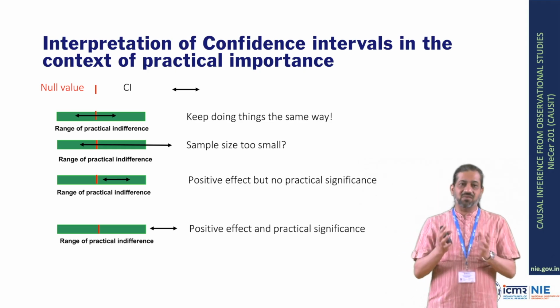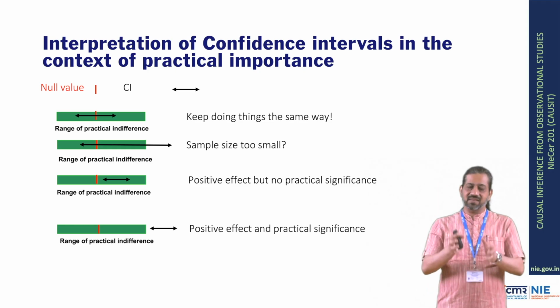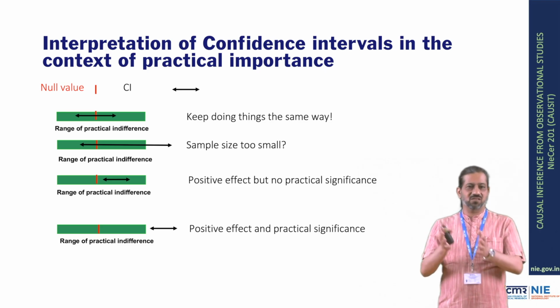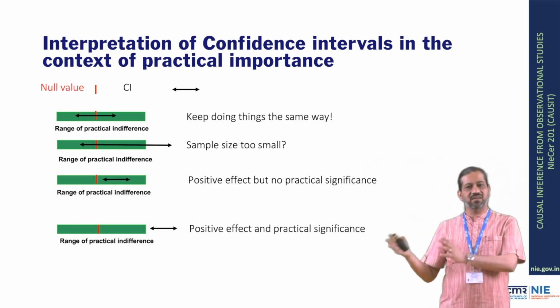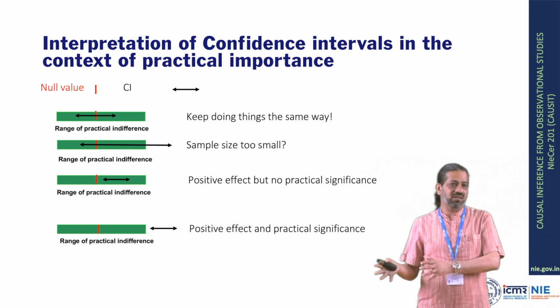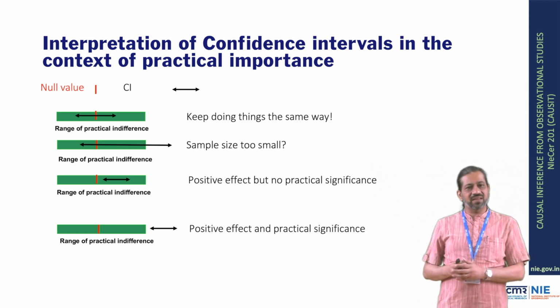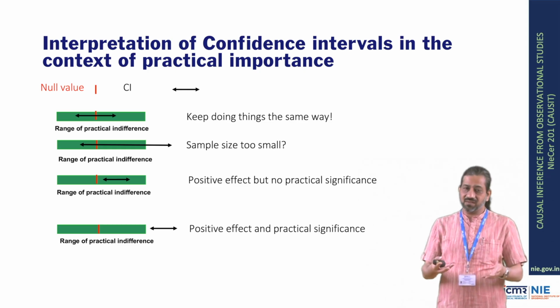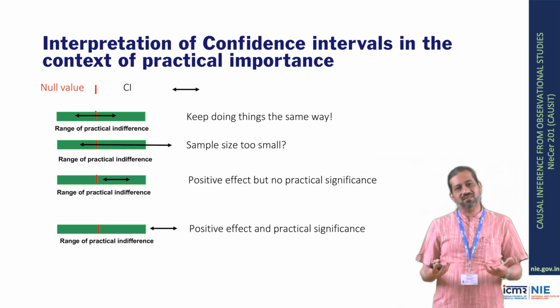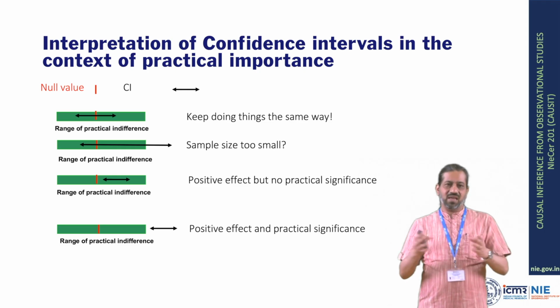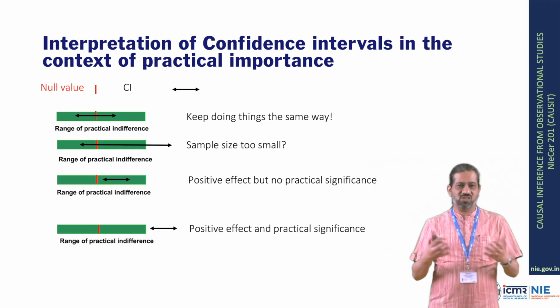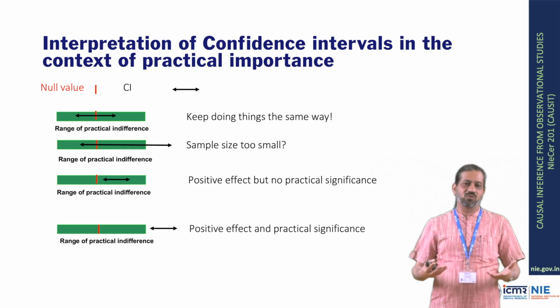It could be that we have a very good sample size, and there's also a positive effect, which means the confidence interval falls entirely towards the right side of the null value. It's higher than 1 for, say, a ratio measure. Then, yes, there is a positive effect, but it is of no practical significance because having any of these values doesn't change what is already going on.